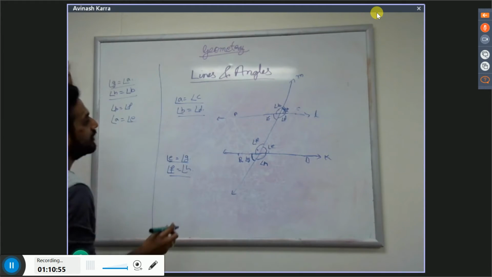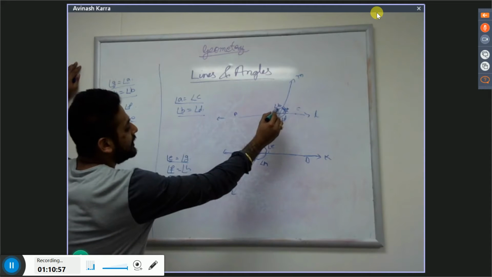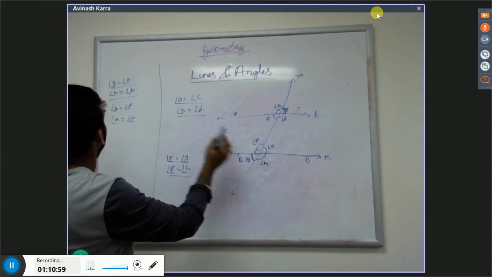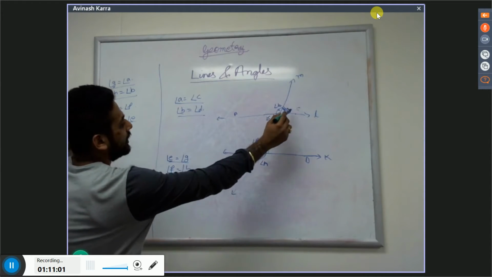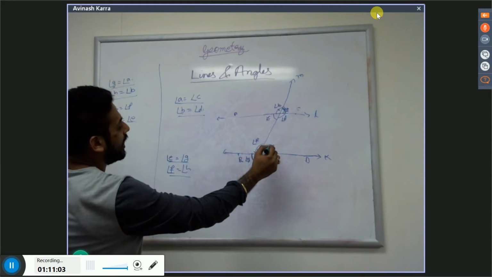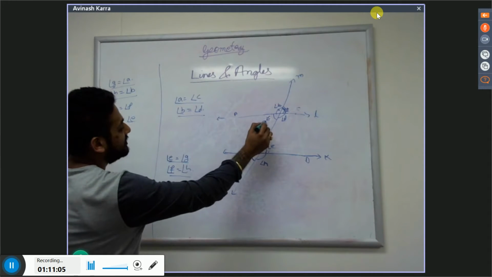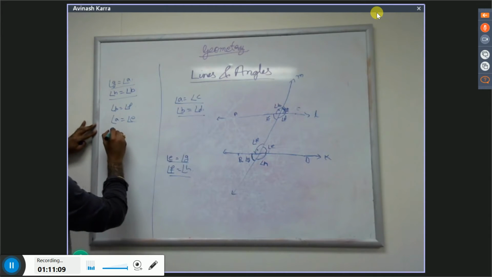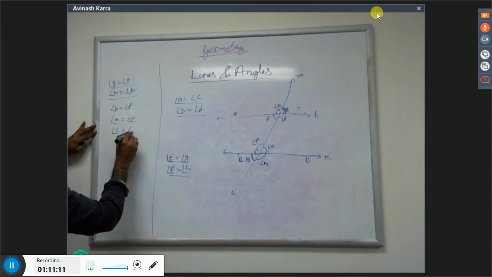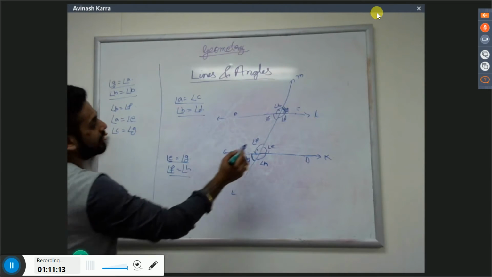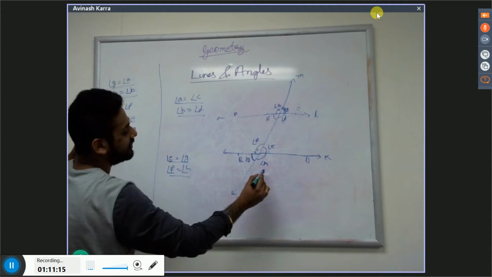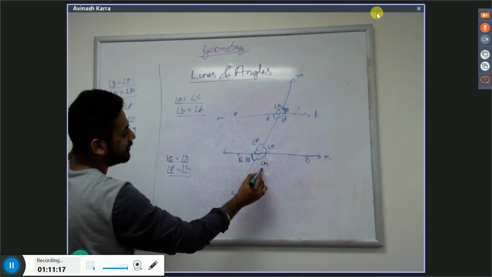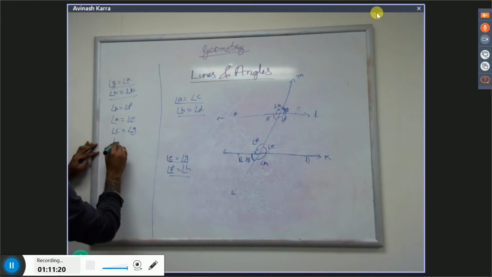So angle B is equal to angle F. Angle A is equal to angle E. Angle C is equal to angle G. Angle D is equal to angle H.